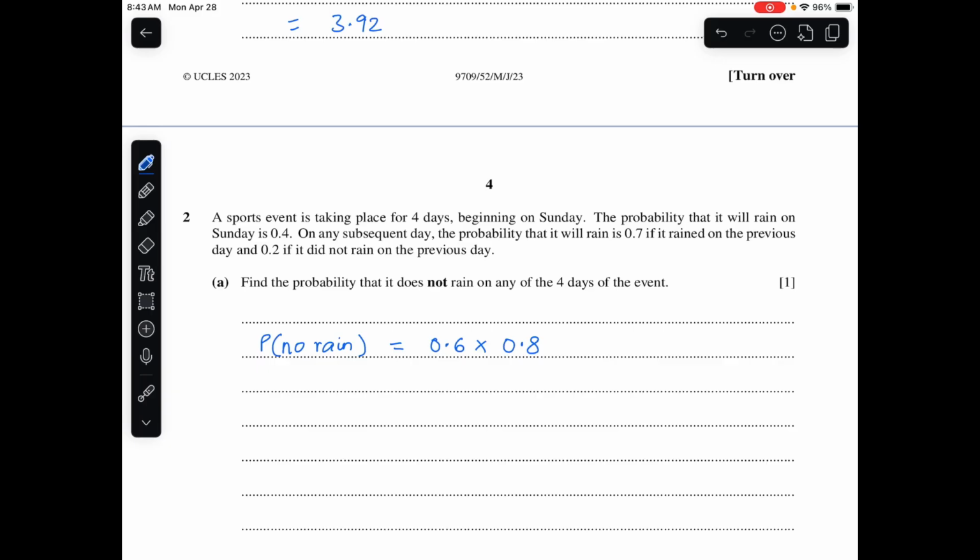And that is true for Monday, Tuesday, and Wednesday. So could I then just write it as 0.6 times 0.8 times 0.8 times 0.8? This works out to be 0.3072. You can leave it as a fraction.